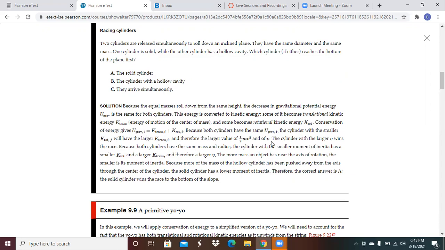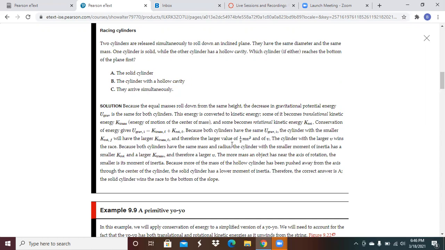Because both cylinders have the same gravitational potential energy, the cylinder with the smallest rotational kinetic energy will have the largest translational kinetic energy, and therefore the larger value of this and of that. So the cylinder with the largest V is going to win the race.